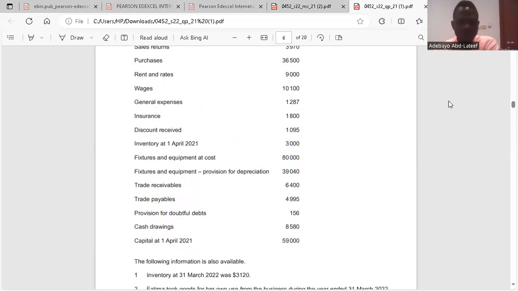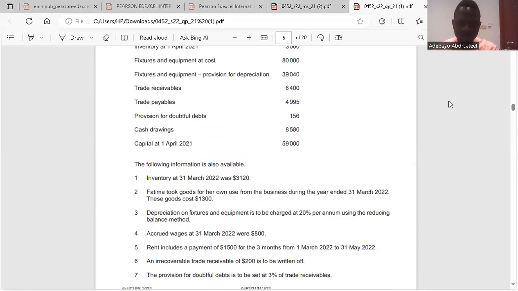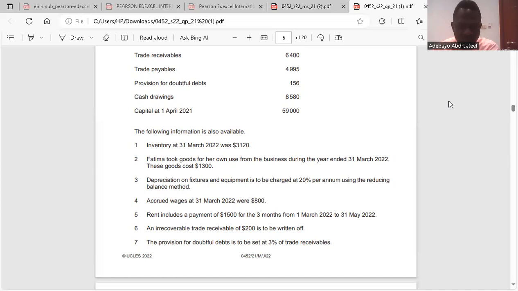Then we go to wages. For wages, we have 10,100. There's additional information for wages: accrued wages, which means that wages were owed by the business. So we add it to the wages we have.